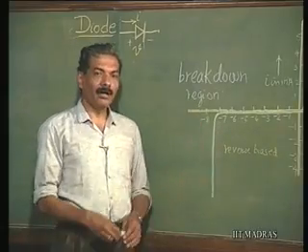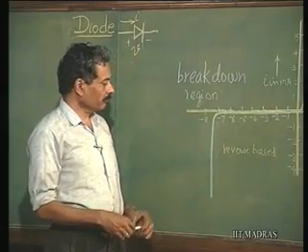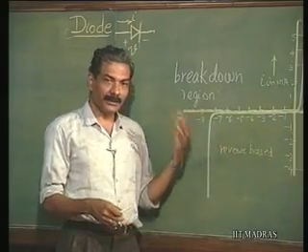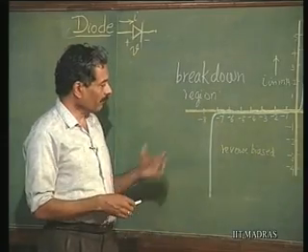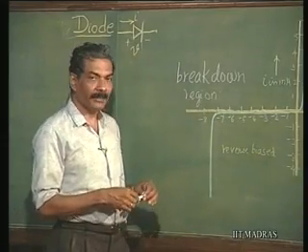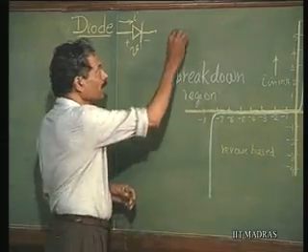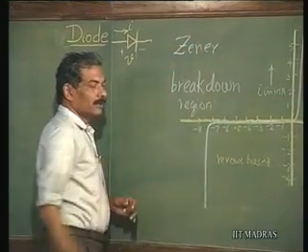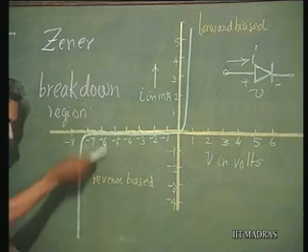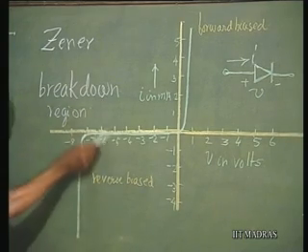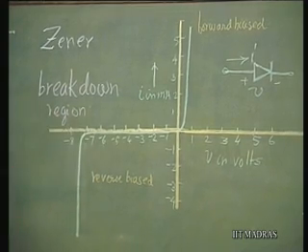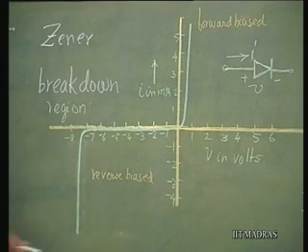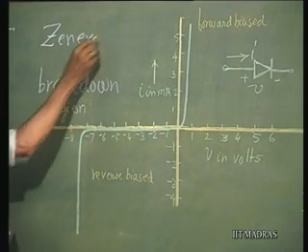This breakdown can be caused by either the Zener breakdown mechanism or avalanche breakdown, but whatever the mechanism of breakdown, it is properly called a Zener diode if we are concentrating on its application in this region. If diodes are fabricated so that they break down at specific values of voltage, such diodes are called Zener diodes.